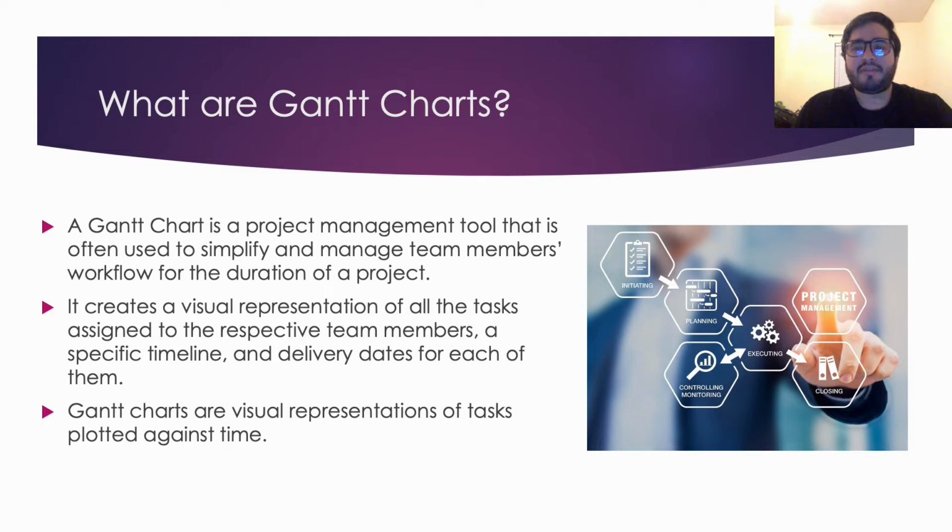So basically, they represent crucial information in a project, such as who is assigned to what, task durations, and all the overlapping activities that will occur. They outline all of the tasks involved in a project and their order shown against a timescale. This gives you an instant overview of a project. So yeah, Gantt charts are a visual representation of tasks plotted against time.